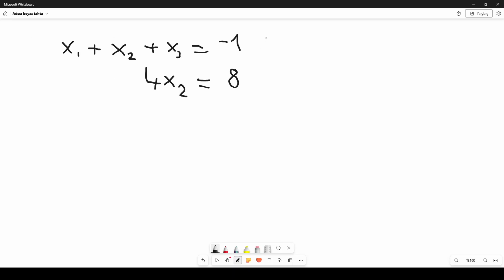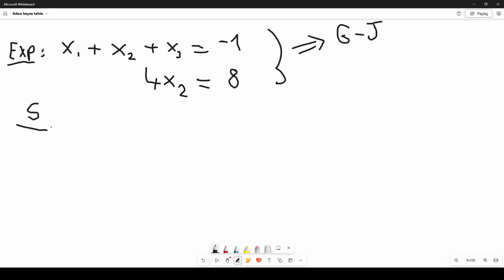Suppose this is a system and we are required to solve it by using the Gauss-Jordan method, abbreviated G-J. We are required to find the solution of this system by applying the Gauss-Jordan method.